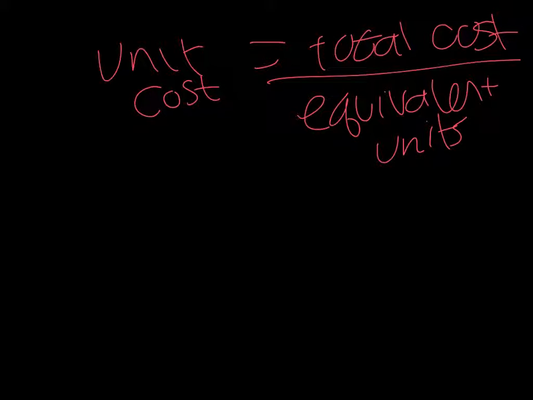Also, this determines the cost of units transferred out from one department to the next and accounts for how much is in the ending work in process inventory. Unit cost is very useful because even when there's no beginning work in process, you are able to find out the cost of the units and how much is transferred out plus how much is in the ending work in process inventory.